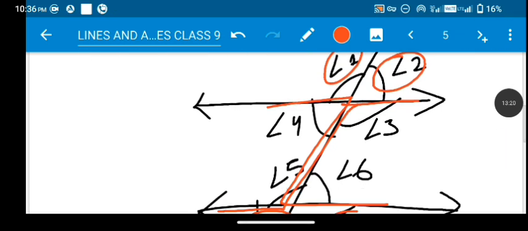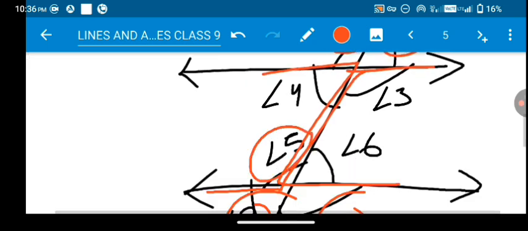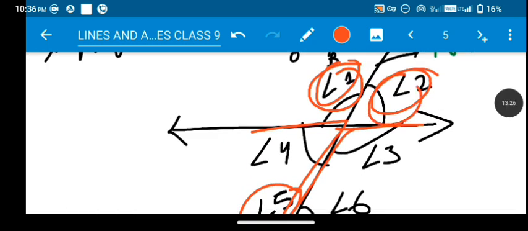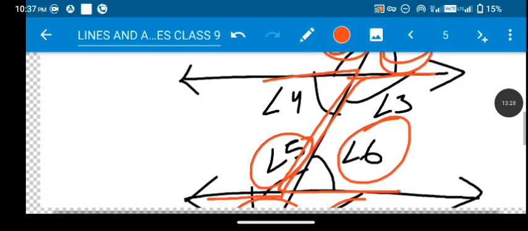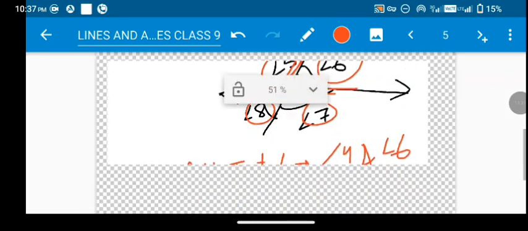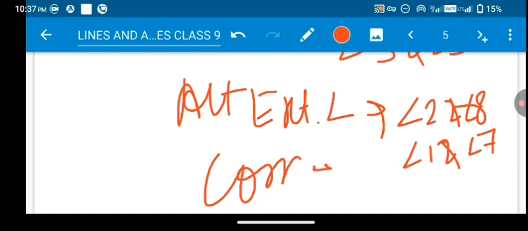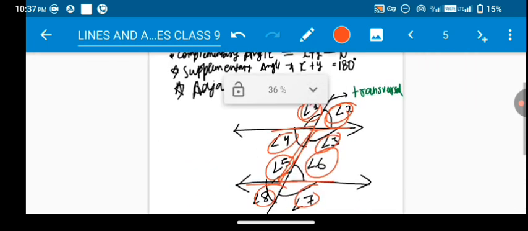What are corresponding angles? Angle 1 and angle 5, angle 2 and angle 6, angle 4 and angle 8, and angle 3 and angle 7 are the corresponding angles.